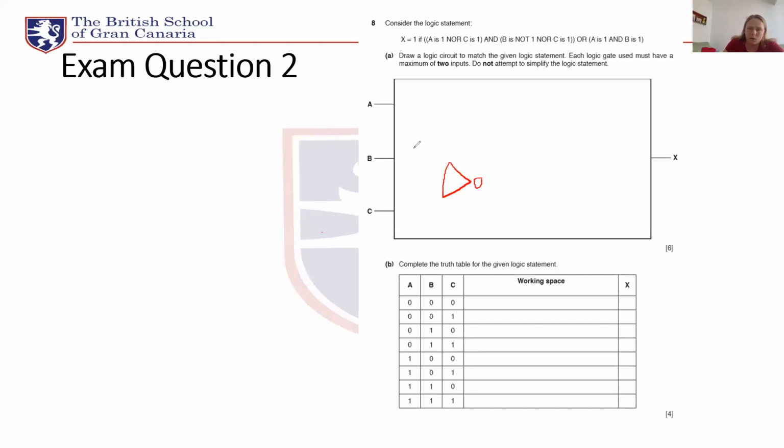So here we go. There's my, and then the not is B, isn't it? Let's get rid of that menu there. So the not is B, there we go. This is going to be a little bit annoying.